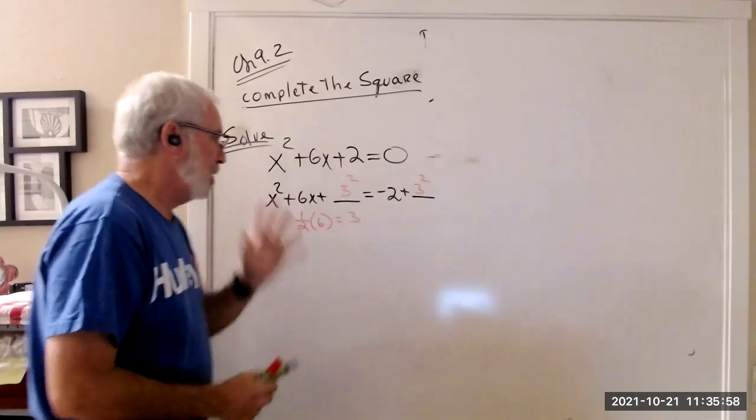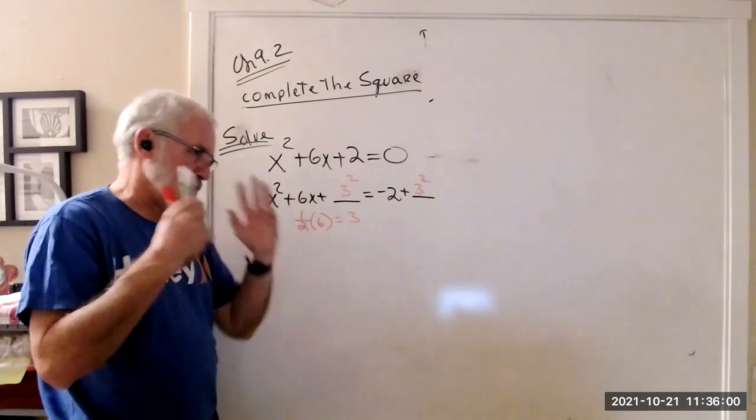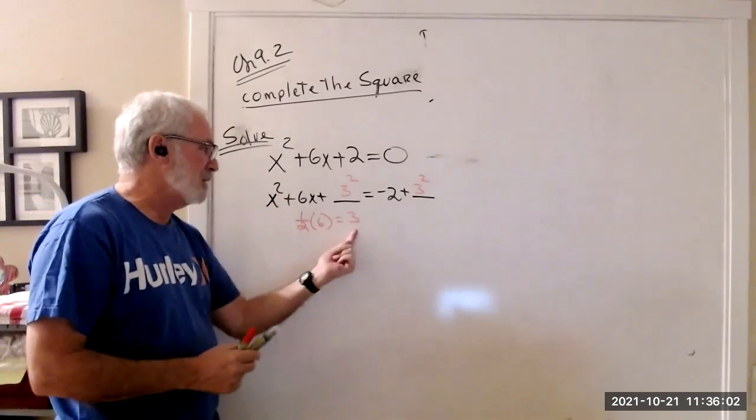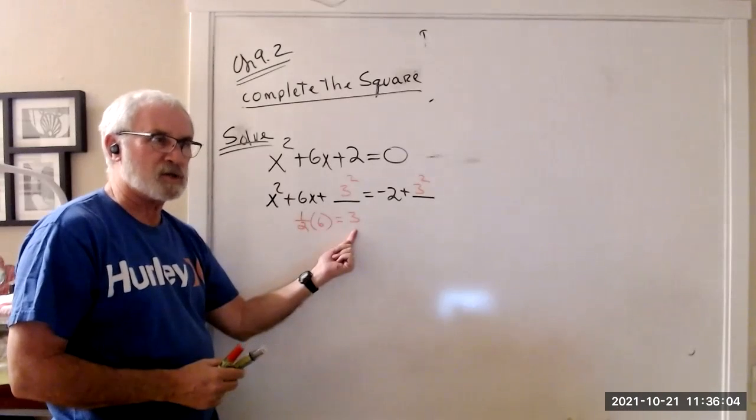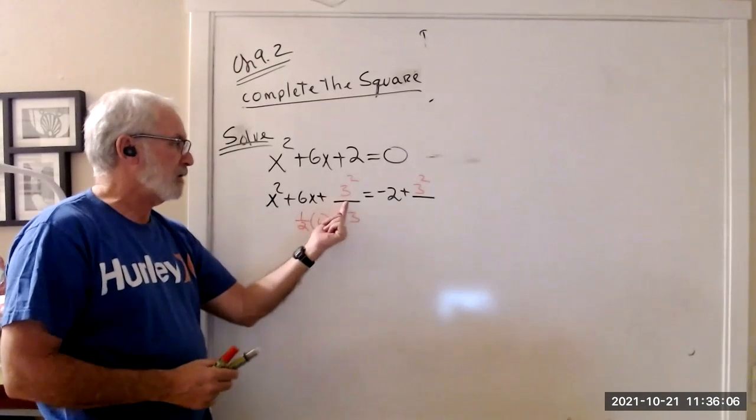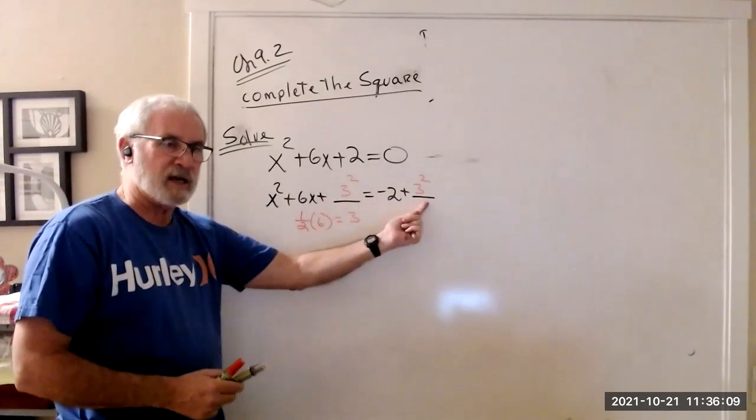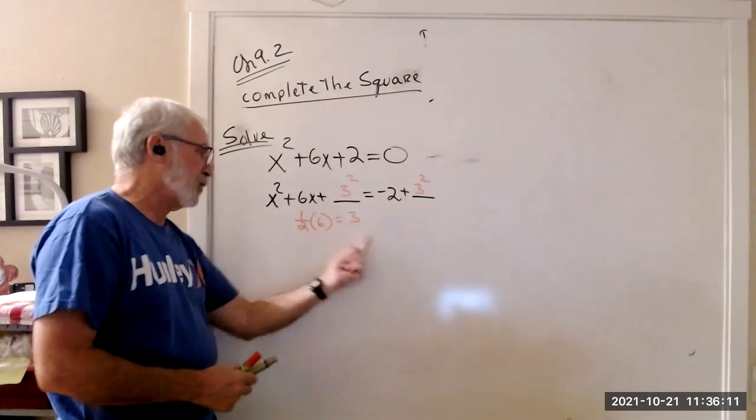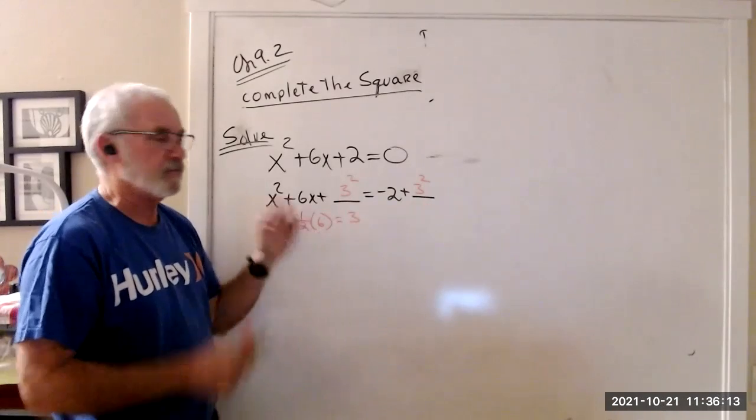Okay. Now here comes the super magic. That's the missing number. That's the magic number that's missing, 9. So you had to add 9 here and you have to add 9 here. But you got to go through this process to figure out the 9. All right.